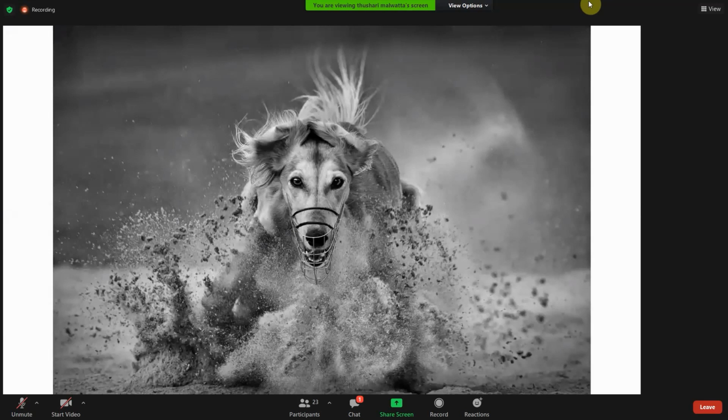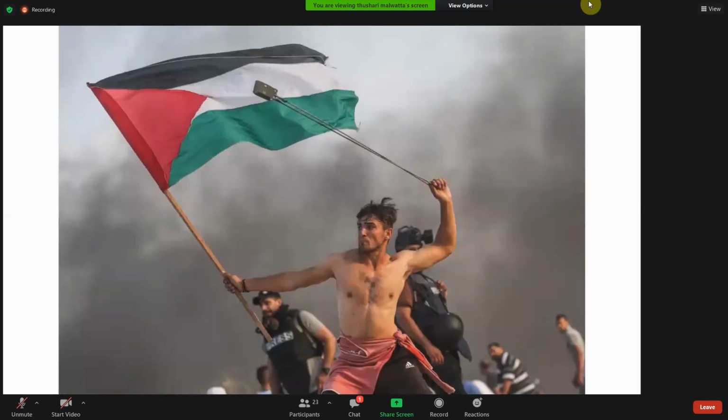This one, very beautiful. Can you see the lines and the feel of motion?